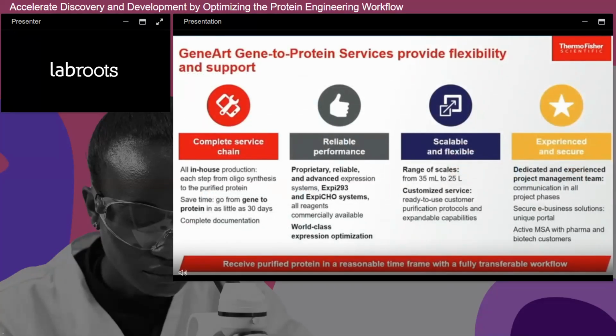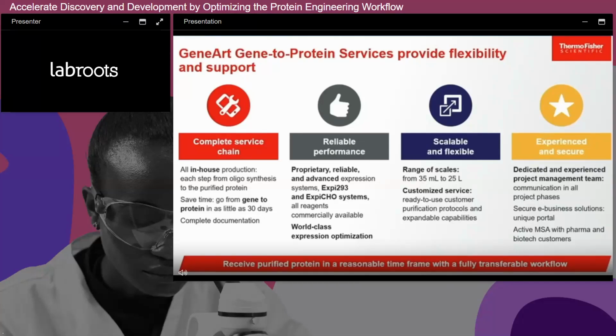So in summary, if you decide to outsource your protein service to us, you will have a complete service chain. And what is really important to many of our customers, you won't have any transfer of electronic sequence information or even sample transfer from one site to the other. Everything can be done at our site under one roof.